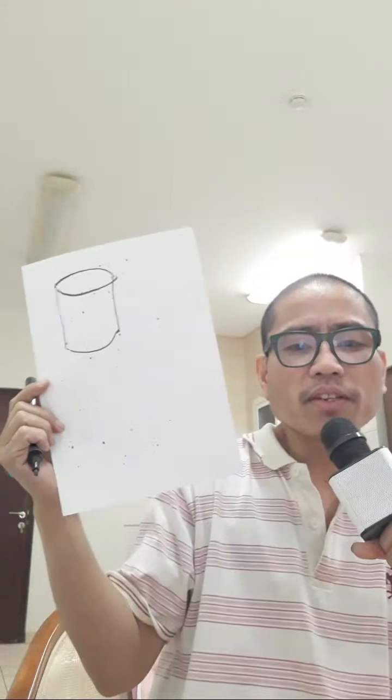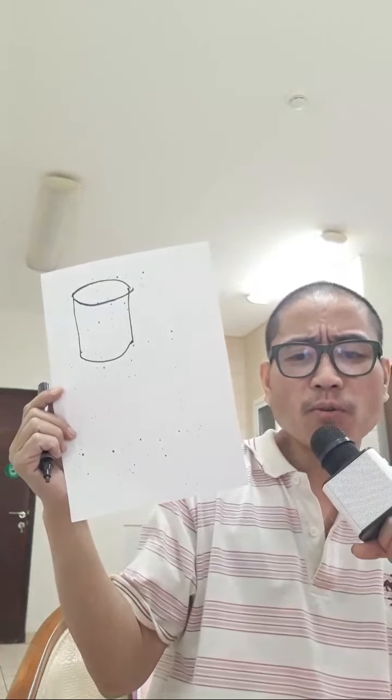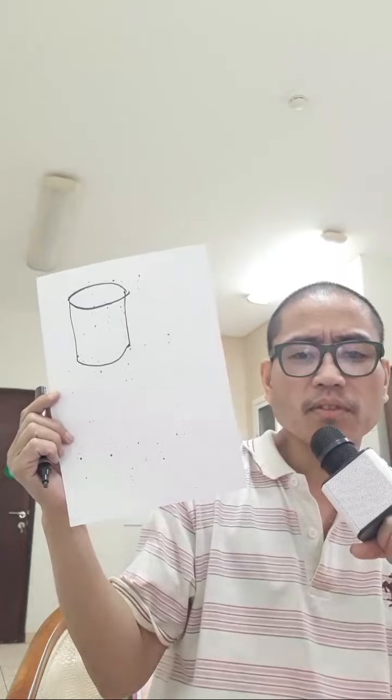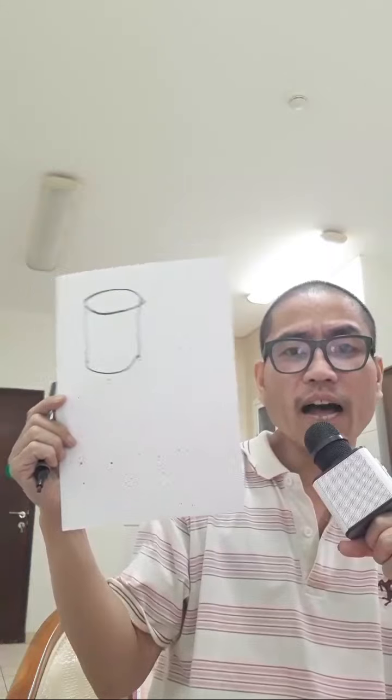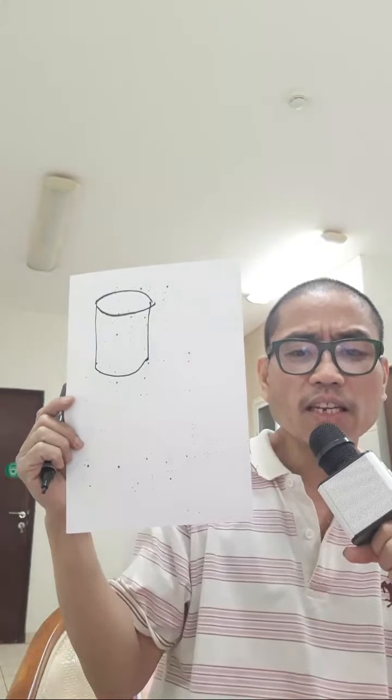The tank is 3.05 meter deep. So deep meaning to say this is the height of the tank. This is an elevation, 3.05 meter. The tank is 3.05 meter deep, and the specific gravity of the oil is 0.8, which we already have in our first computation.